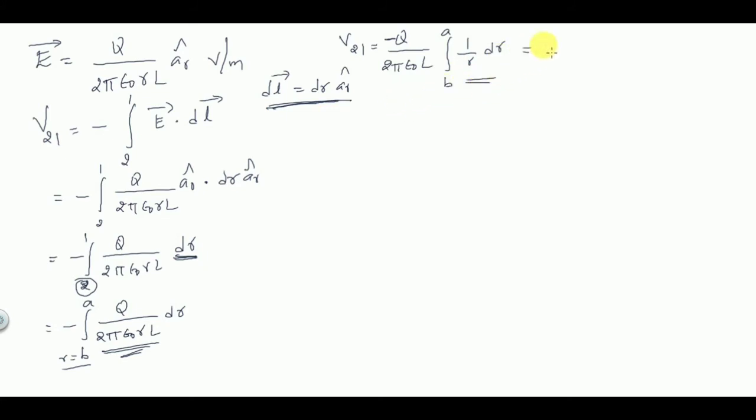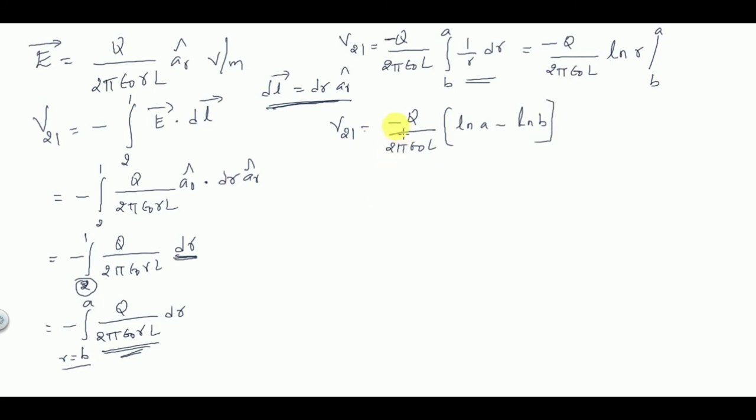So minus Q by 2 pi epsilon naught L into natural logarithm of r, with limits from b to a. So V21 is minus Q by 2 pi epsilon naught L into log of a minus log of b.